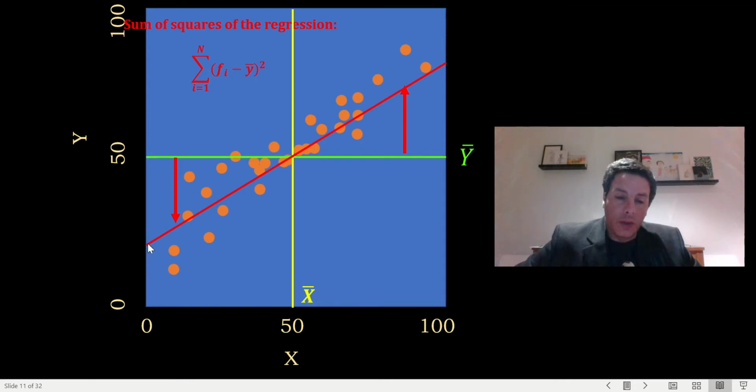So it intersects the y-axis when x equals 0. That's the B0 in the regression equation. And then the slope indicates how much y increases as a function of an increase of 1 point in x.